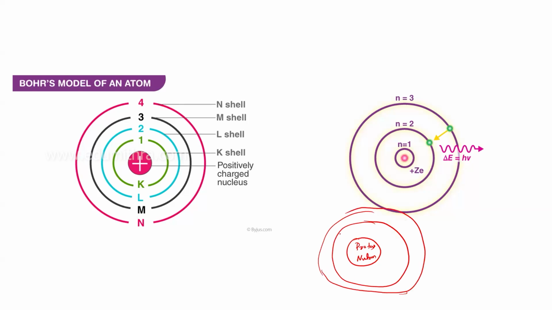Now you can see that here it is written as 1, 2, 3, 4. These are all different shells, or we can imagine them as certain places through which the electron can orbit. The electron can be here, here, here, or here, and each of these steps has different energies as well.